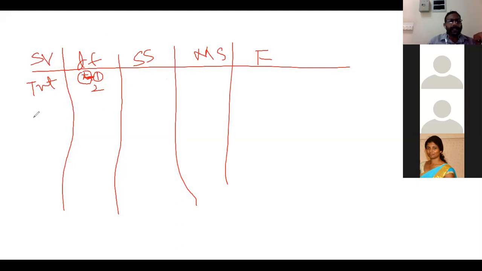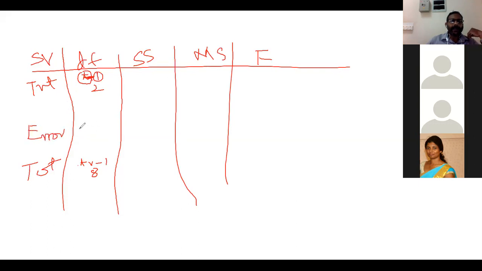So what about the next one? Next one is total. What is the degrees of freedom of total? TR minus 1. So what is T? 3. R is 3. So 3 into 3 is 9 minus 1 is 8. Then you have error.